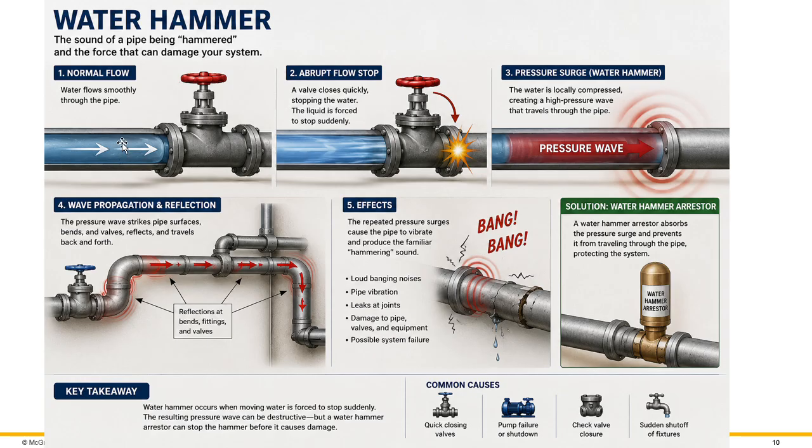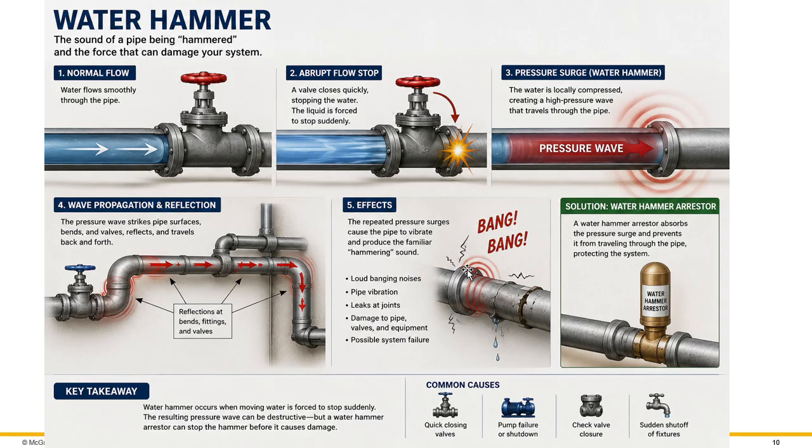If a valve closes suddenly, the moving water cannot stop instantly. The liquid near the valve becomes locally compressed, and this creates a pressure wave. That pressure wave travels through the pipe, reflects from the bends and valves, and causes the pipe to vibrate. This creates the familiar banging sound.